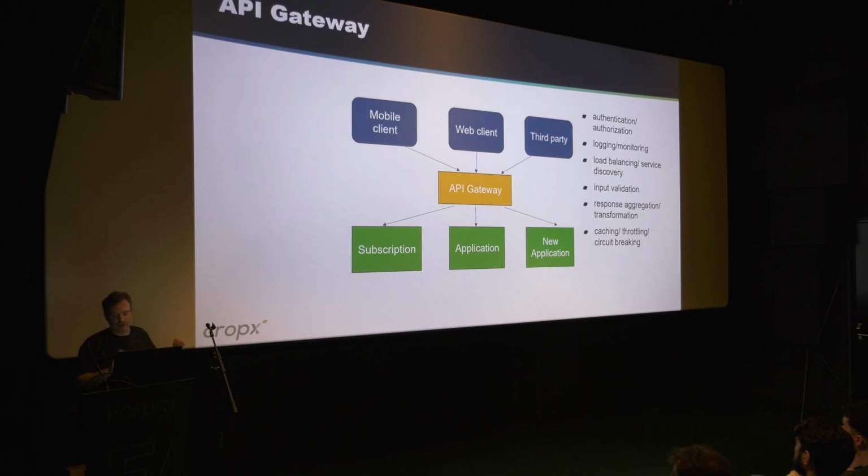You can do logging. Load balancing, of course, is something you may need, but also on the level of each endpoint, you can do validation, response transformation or aggregation, and finally caching, throttling, circuit breaking. That all has to do with protecting your backend services from the outside. You want to shield them if you have a lot of requests, so you would implement it in the API gateway.